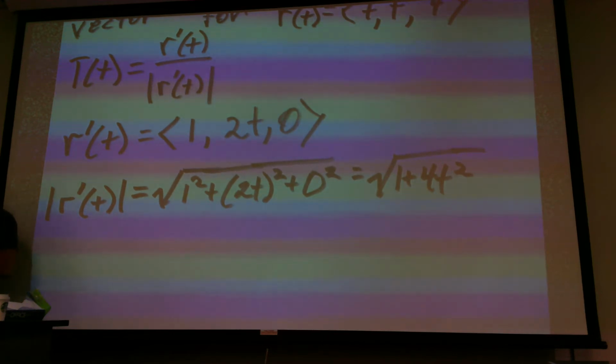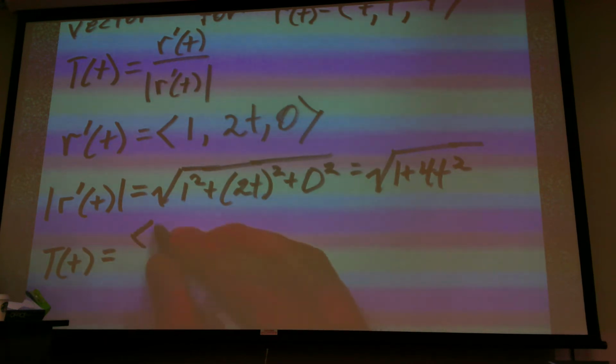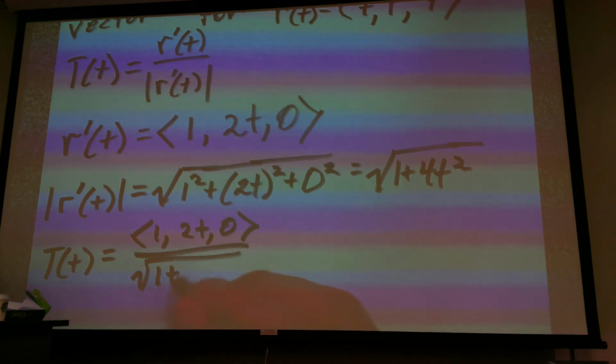Okay, this first one's not too bad. So that means that T of t, the unit tangent vector, would equal 1, comma, 2t, comma, 0, now divided by the square root of 1 plus 4t squared.